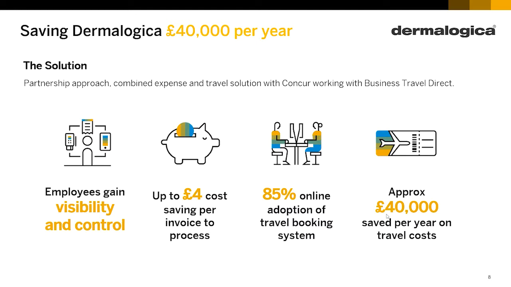So that has been some significant savings there. But it's not only about cost, it's also about traveller satisfaction, because that's really important. They've got more control of their trips, it's easier to book them, and expense process and expense claim is much easier for them. So I just wanted to share that with you as it gives you a good indication of how this solution can bring benefits across the company.